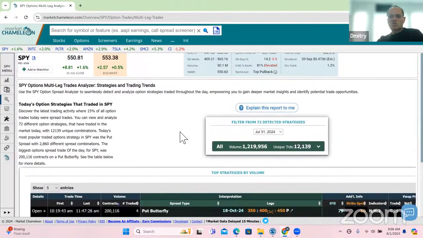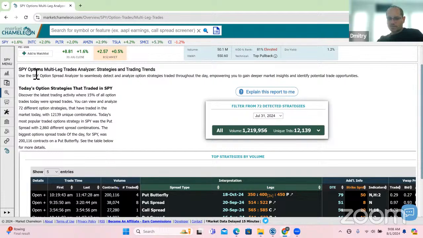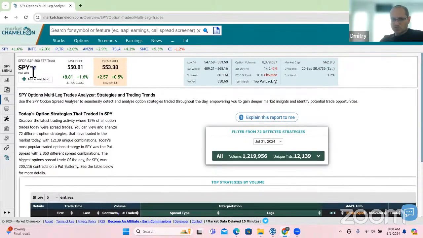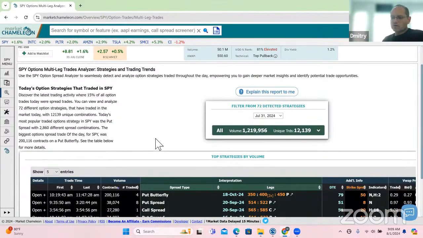What this report does up here is it scans the options trades on the particular stock you're on. In this case, we're on SPY, it scans all the option trades, and it filters out those trades that were entered in as a multi-leg trade. If you enter orders to do options, you can buy or sell a call or put, and that's a single leg trade.